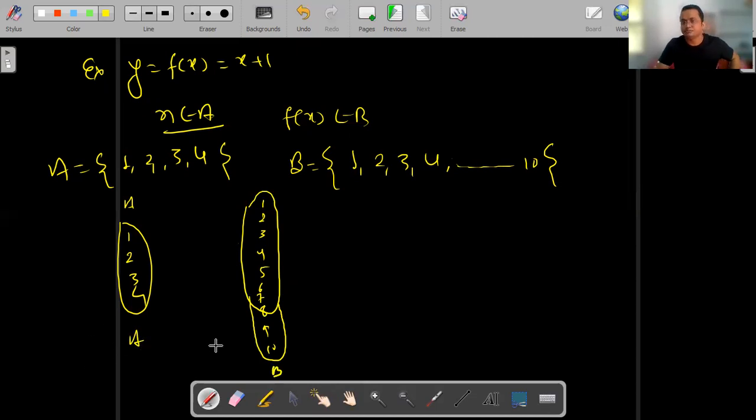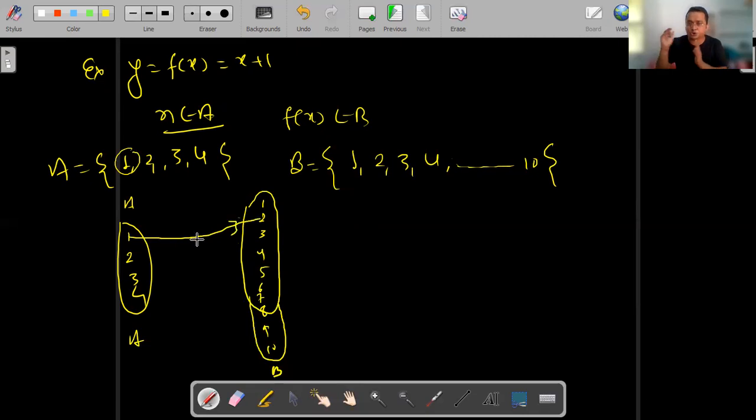And this is the set of elements B. So what I am saying: if you put the value of x as 1, what output will you get? 2. B is nothing but the value of the function. Means if you put 1, then you will get 2, like this, right?